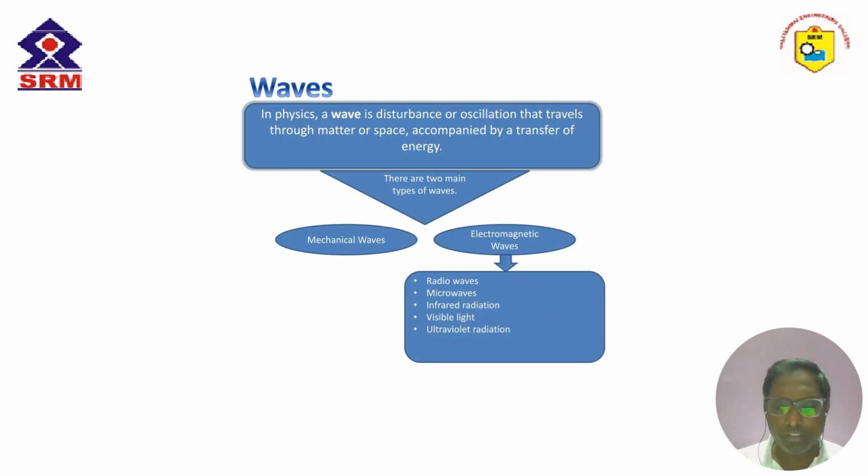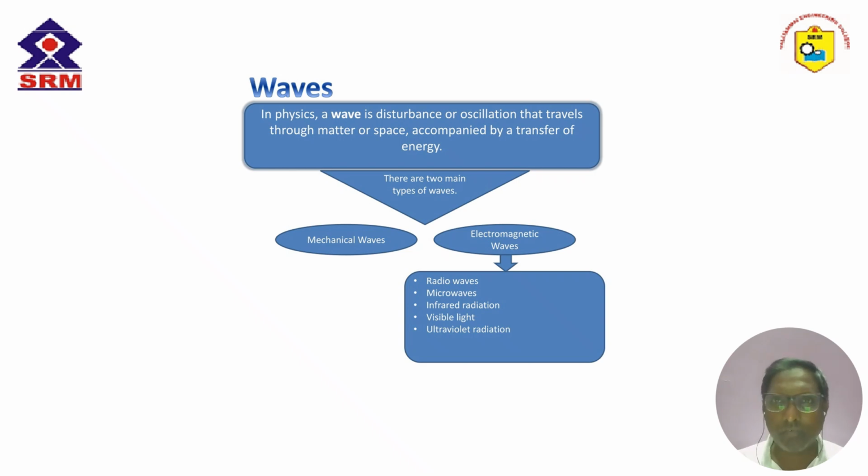Before going to discuss microwave, the first thing is, what is a wave? In physics, a wave is a disturbance or oscillation that travels through matter or space, accompanied by a transfer of energy. This is called a wave. There are two kinds of waves: one is mechanical wave, another one is electromagnetic wave.